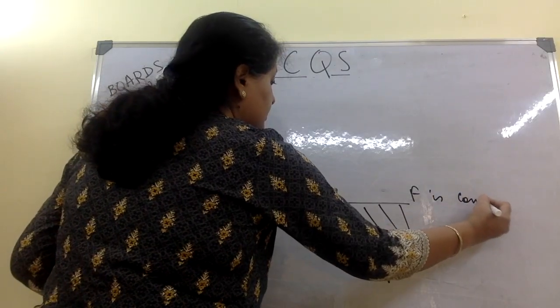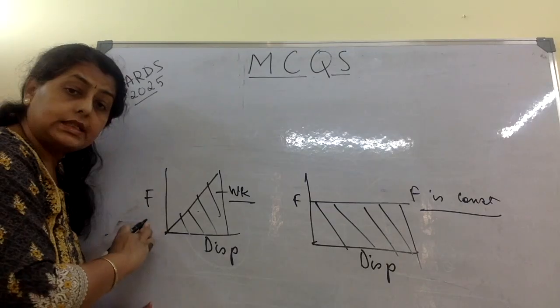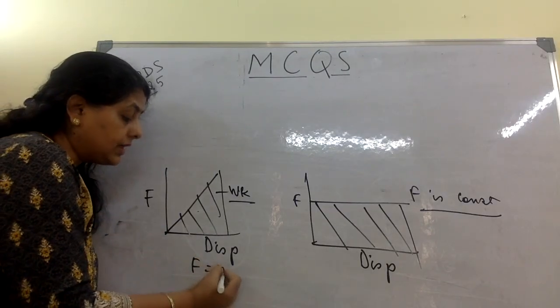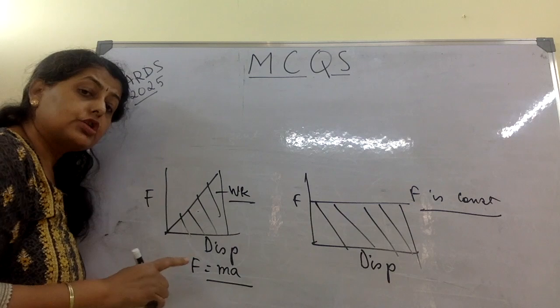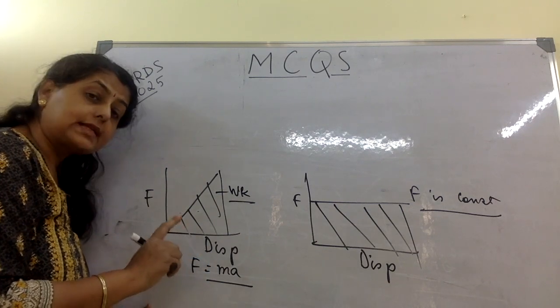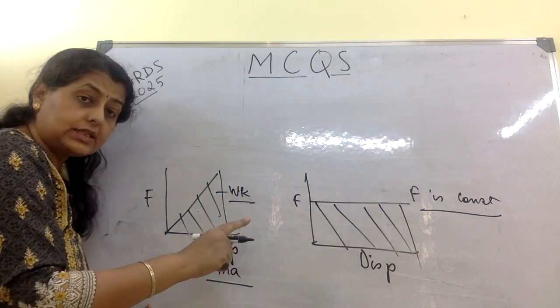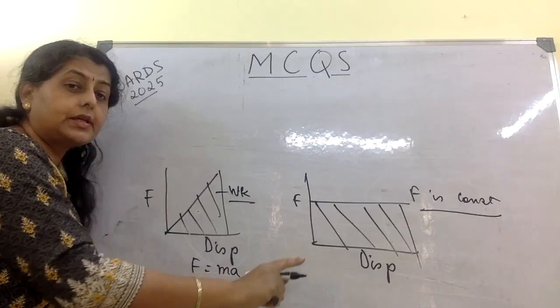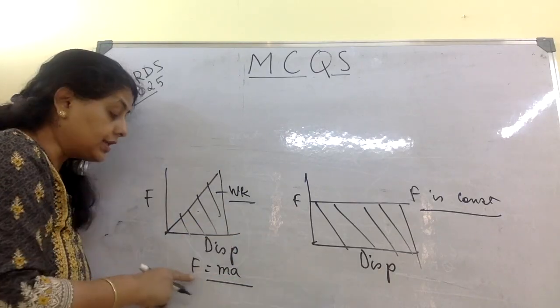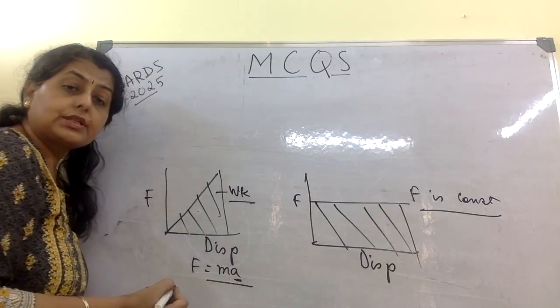F is constant. Remember, this is not a constant force, meaning force is varying. F is equal to ma, then if they ask you in which of these there is a variable acceleration, of course acceleration will be there in that also, that is, increase in speed will be there. As long as force is there, increase in speed will be there, but here it is not happening at a constant rate. F is equal to ma is there, but a is not constant.